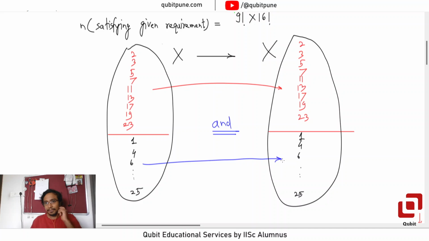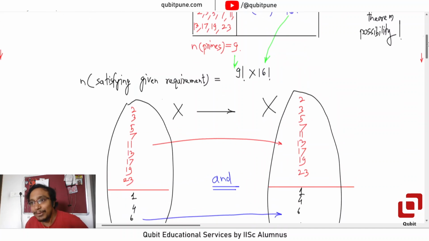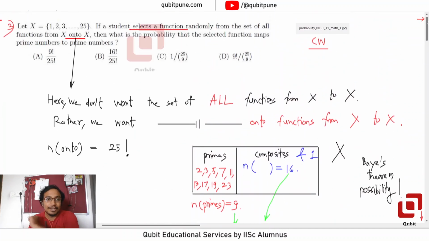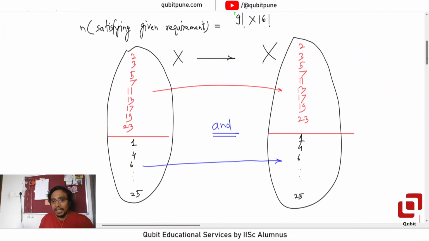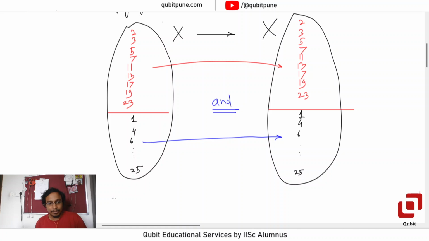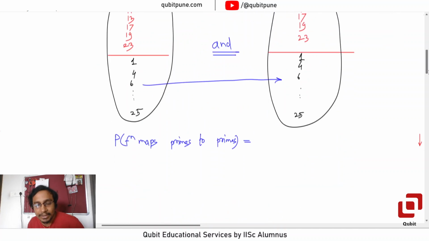Got it. Now, there's one more interesting thing about this problem, and it is about the way they have given the options. I hope everybody understands that this is an alternate notation for NCR. Now, in our case, the required probability that a function maps prime to prime will be 9 factorial into 16 factorial upon 25 factorial.